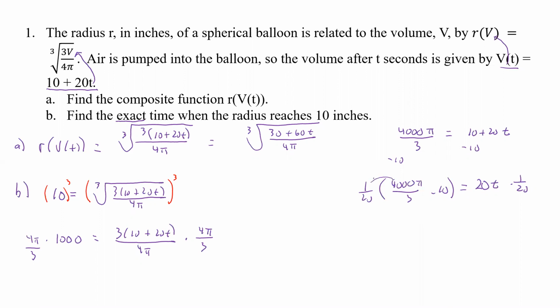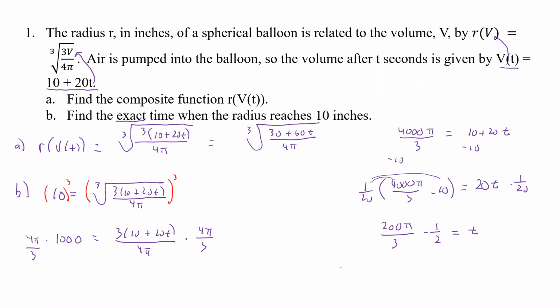Now I need to distribute on both of those. So 20 will go into 4,000 what? Well, it'll go in 200 times. So that's 200 pi, all over 3 still. And then 10 divided by 20 is going to be minus 1/2. Okay, and that's equal to t.